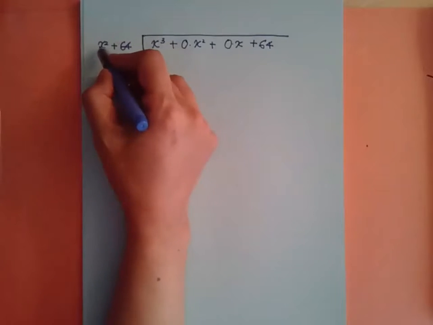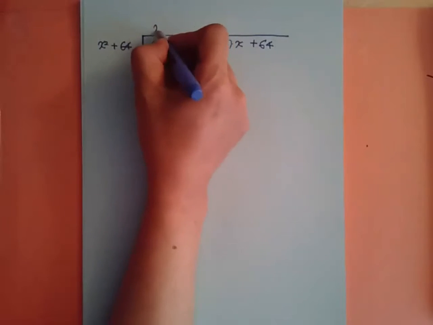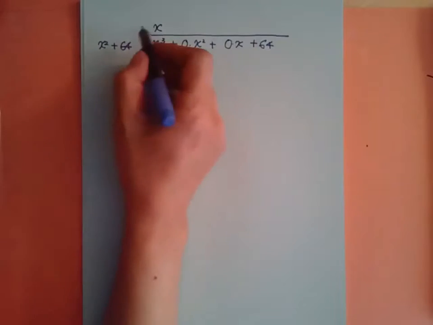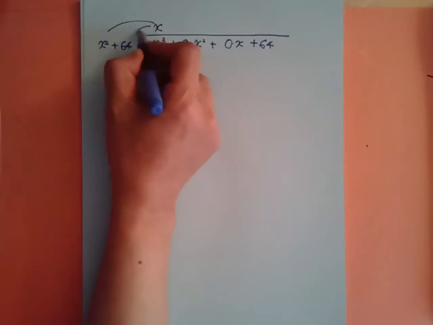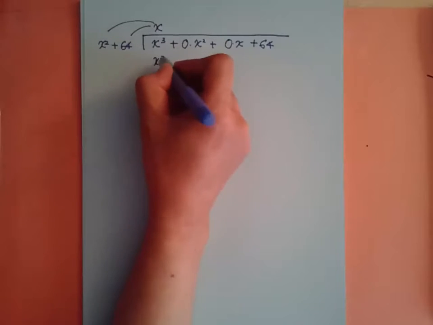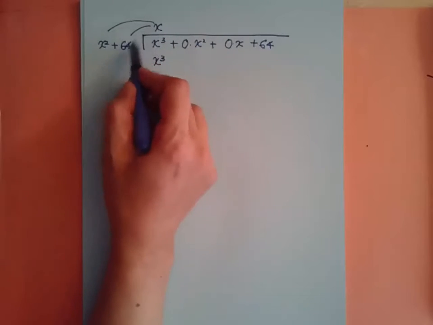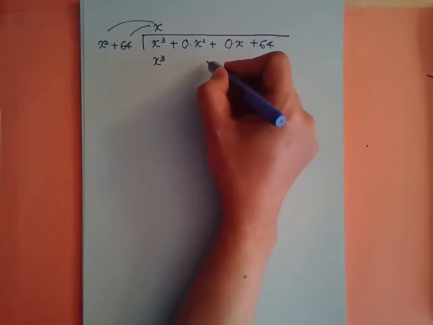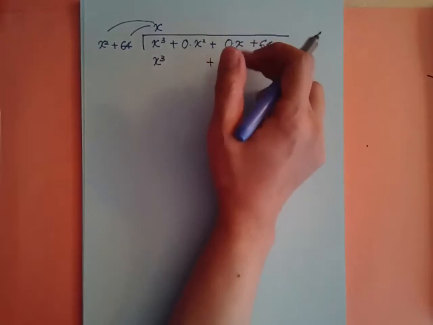So x squared, and then we have to multiply by x to get x cubed. We will do distribution like this: x squared times x is x cubed, and 64 times x is 64x, so we write that right under the x term.